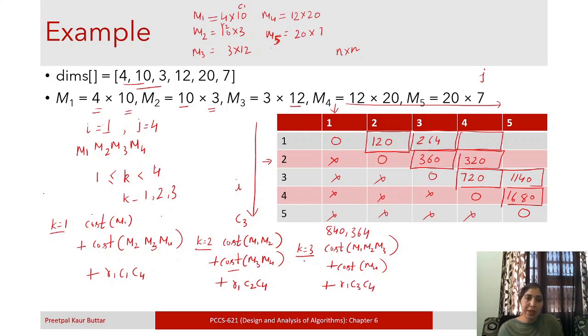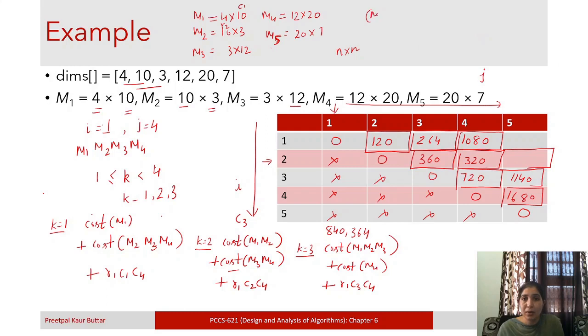Okay, so whatever is the minimum of these three, you will write here, and it turns out that it is 1080. Okay, similarly you will move to 2 comma 5, and here the matrices will vary from 2 to 5. Okay, so again you have three options for K, you have three options for bracketing.